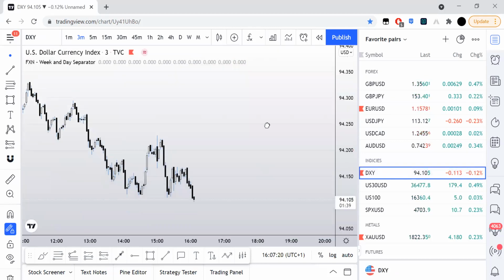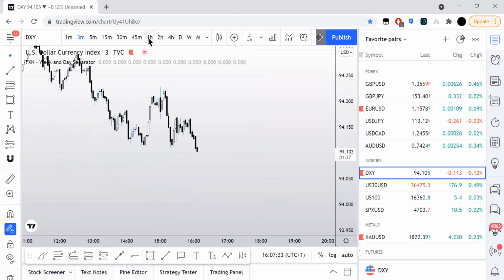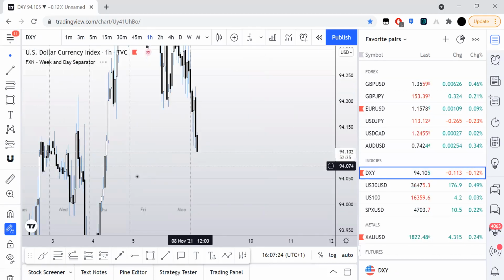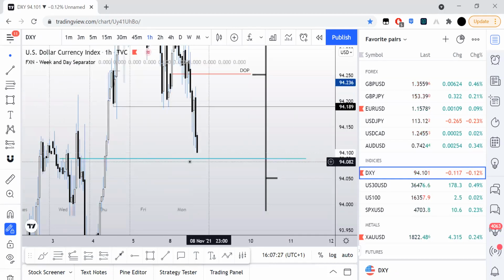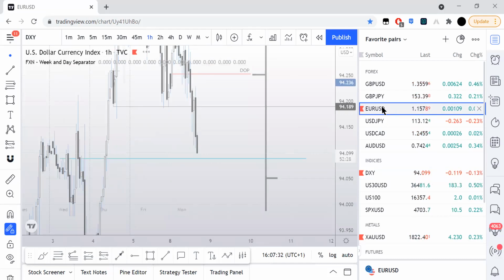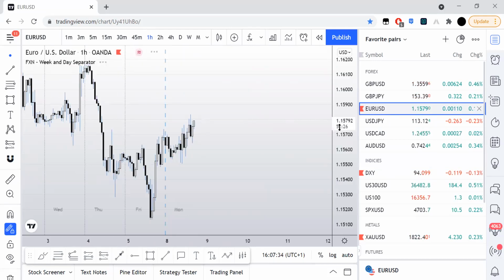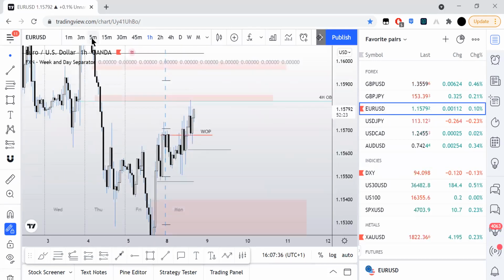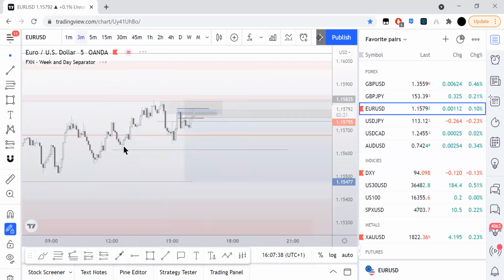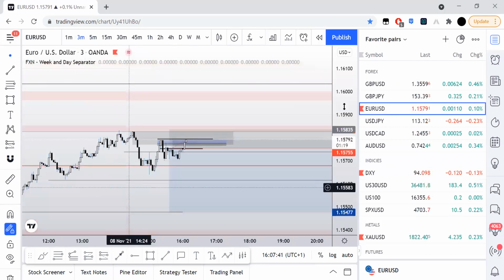Because DXY is most likely trying to come lower into a deeper discount. It's almost close to that daily open, 4 hour open. So yeah, I just cut. I had a 3 lot in it. I just cut 2. Yeah, that's good risk management.